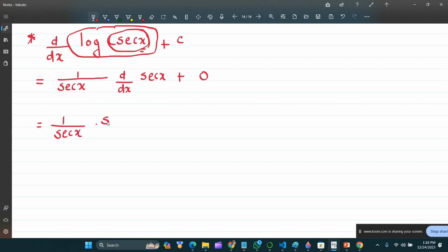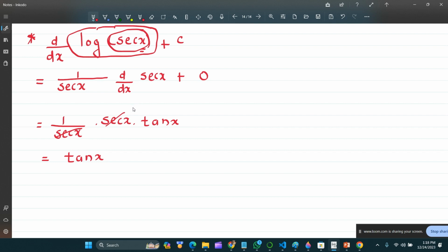What is the derivative of sec? Sec x into tan x. You can see this sec x is multiplied and this sec x is divided, so it will get cancelled. The answer will be tan x.